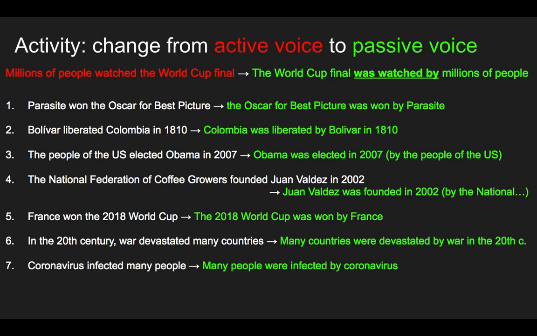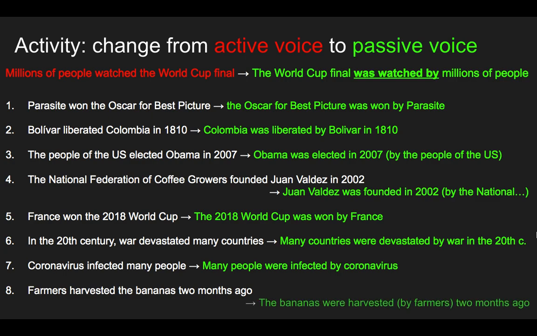Coronavirus infected many people. Many people were infected, people's plural, were infected by coronavirus. And the last one, farmers harvested the bananas 2 months ago. So change it around. The bananas were harvested 2 months ago.